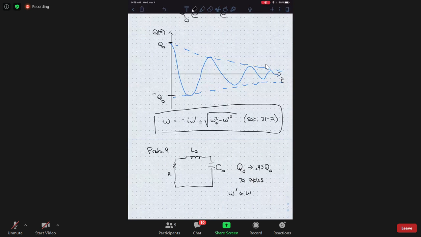Sorry, they wrote it a little differently. They assume that since the damping is small, omega is approximately equal to omega naught.